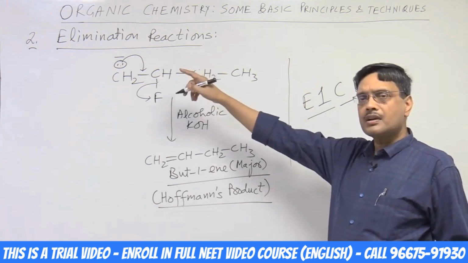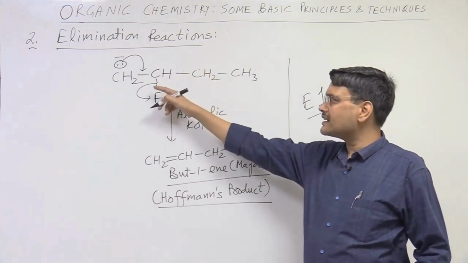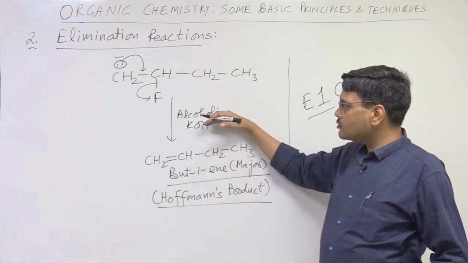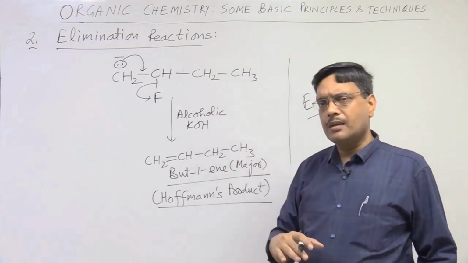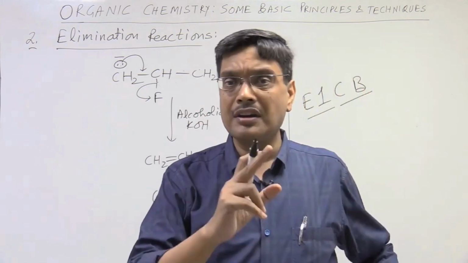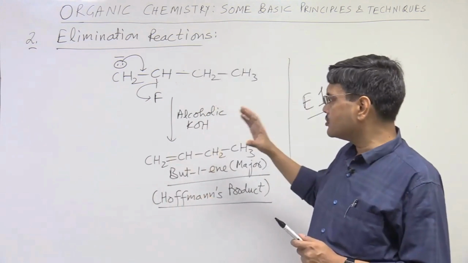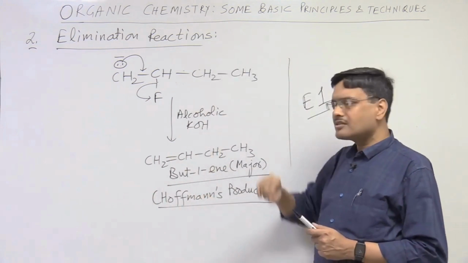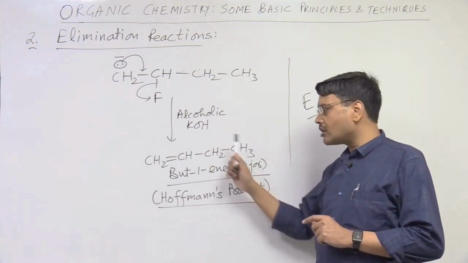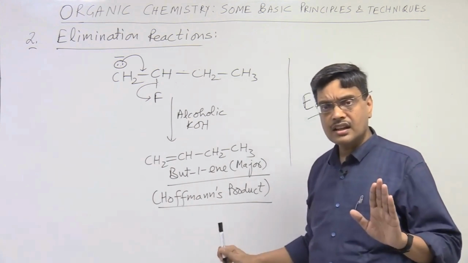In one step after the removal of H plus ion, a carbanion is formed, and in the second step fluoride is removed. So here, in case of fluorine only, this point must be noted: if you use a bulky base or non-bulky base, we always get but-1-ene, the Hofmann product. Is it clear?